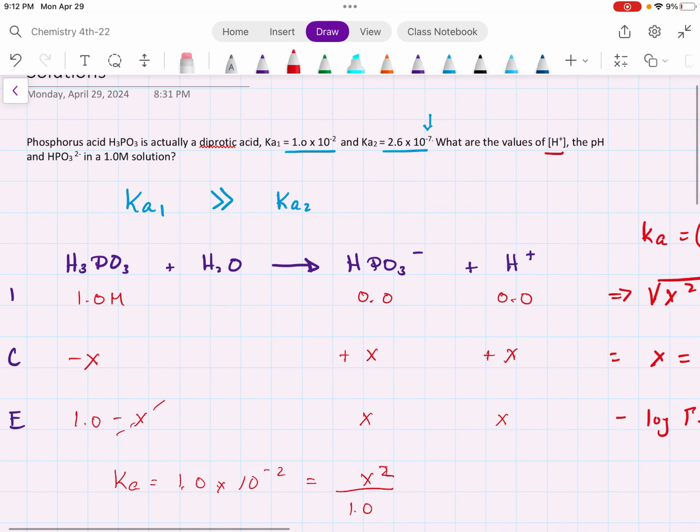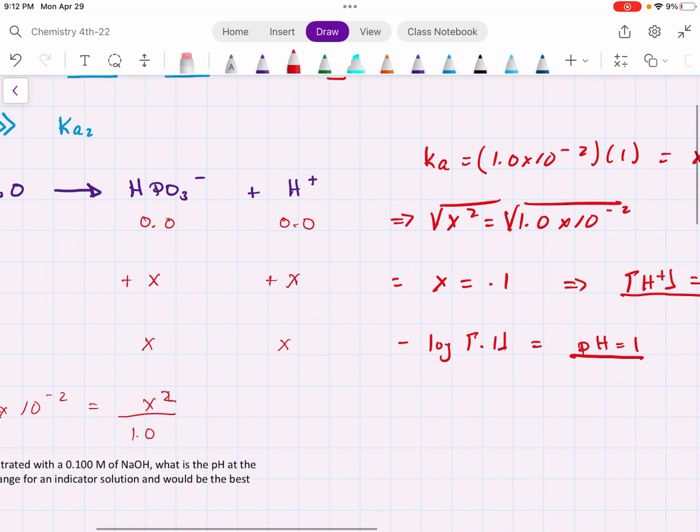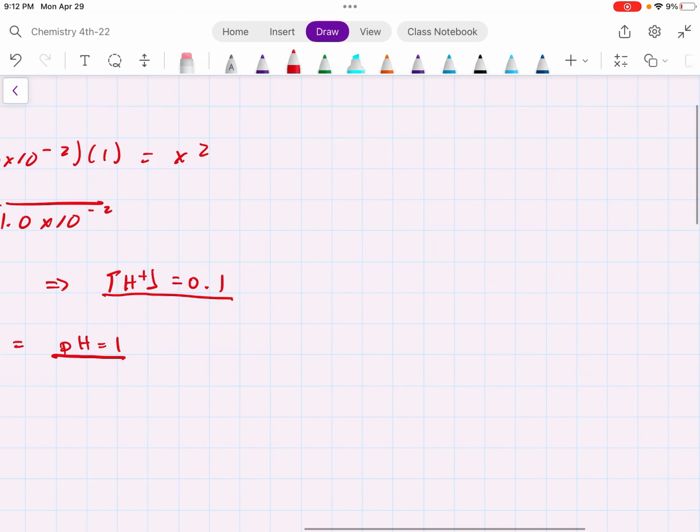Now, here's where it gets a little bit tricky. It's asking you for the value of the HPO3. So this is when this happens. Let's scooch over this way. The first reaction that we see is H3PO3 becomes H2PO3, 1 minus.